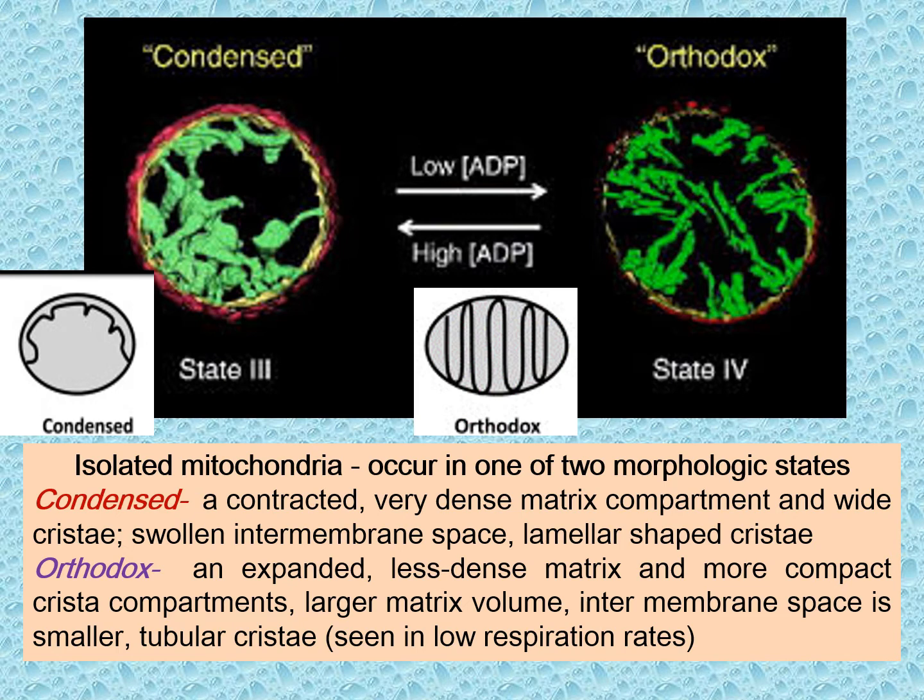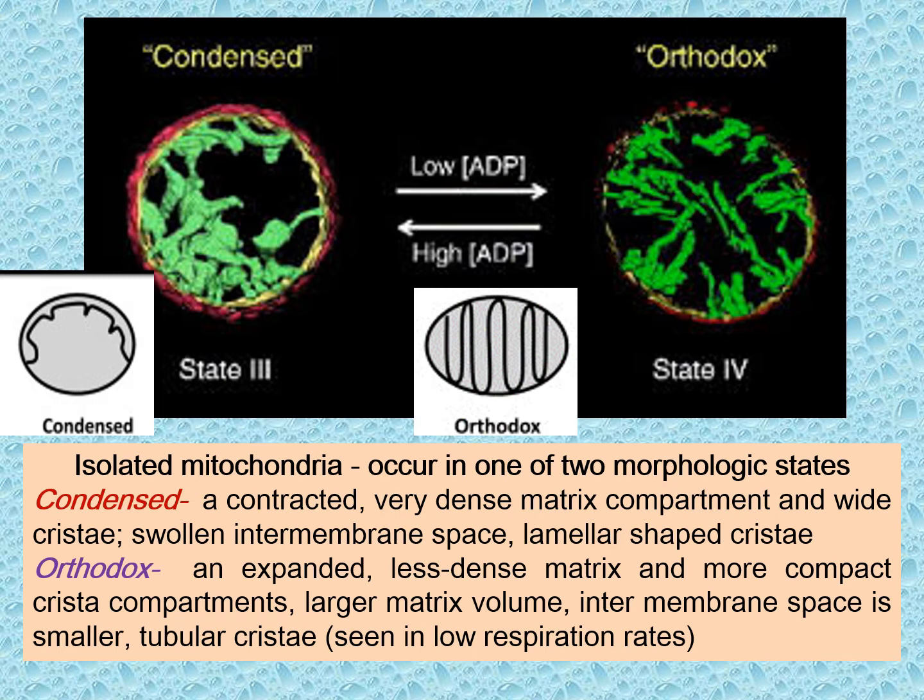Mitochondria can assume 2 types of conformations. One is called condensed conformation and the other is called orthodox conformation. So, what is the difference between the two? This is the condensed conformation. This is a contracted state of mitochondria, whereas orthodox is an expanded state of mitochondria, we can say.